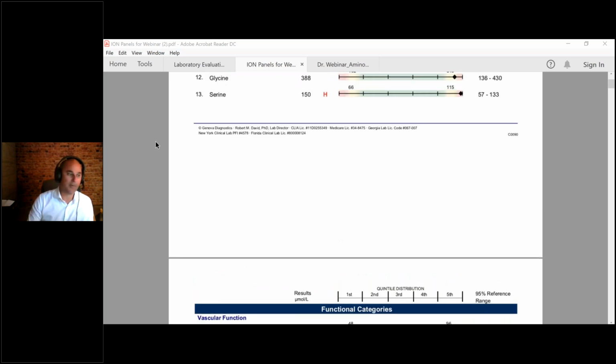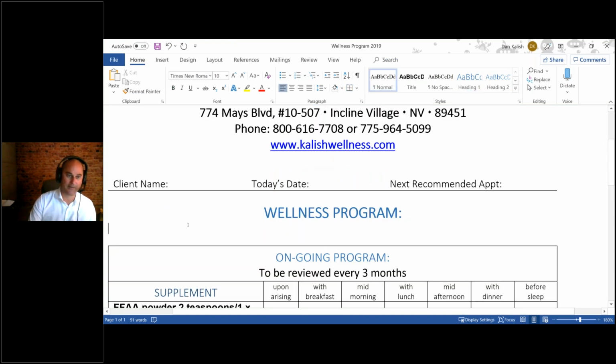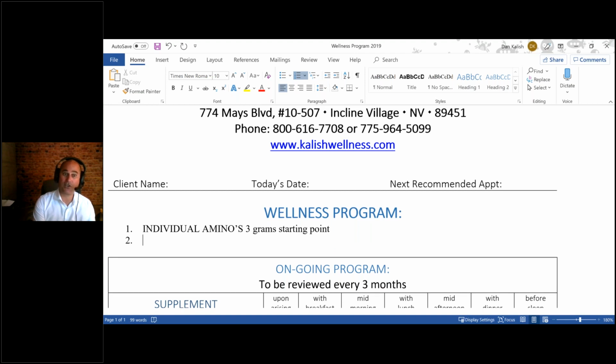So let me write those things down and then we're going to take a short commercial break. These are the main ideas here. Individual amino acids, dose them appropriately. You've got to study this, not just listen to me, but 3 grams is a starting point for most of them. And then you can do global free-form amino acids. That's going to affect the entire body.